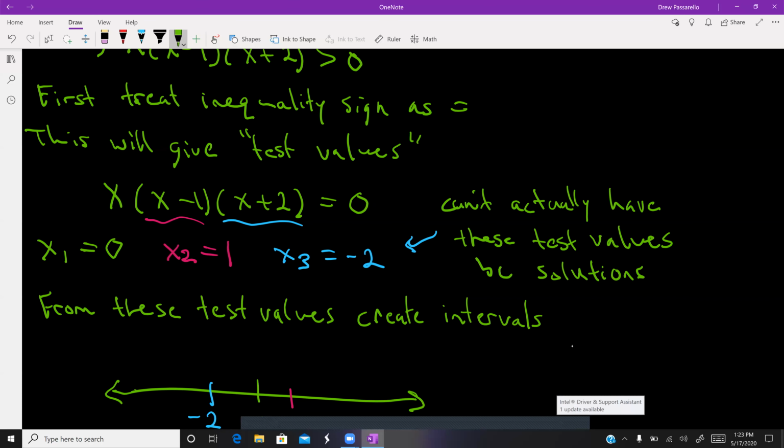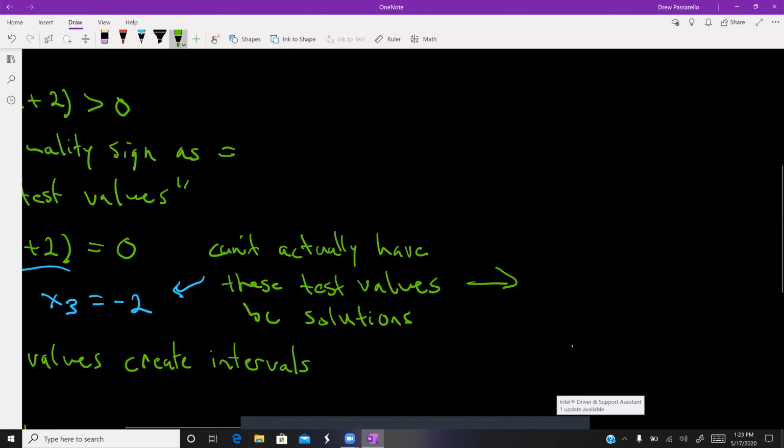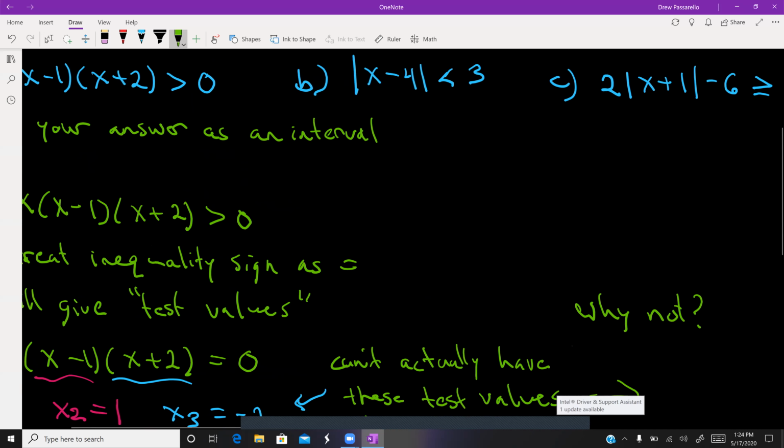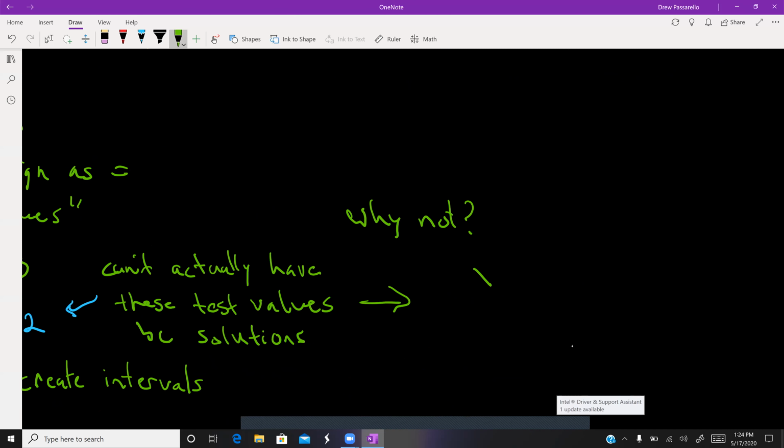All right, be solutions. And the reason why, so we say why not, and that's because you have a greater than sign in the problem. So you have a greater than sign, not a greater than or equal to sign.